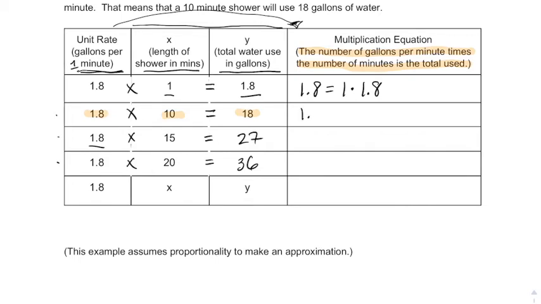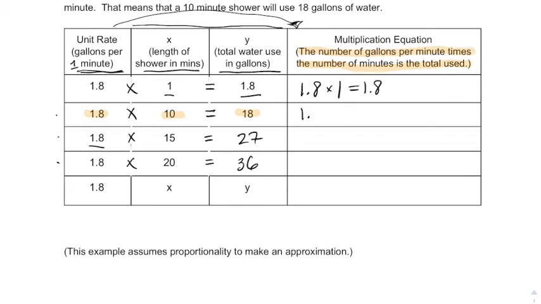Oh, you know what? I just noticed I did something. Maybe you noticed it well before I did. My structure of this one is wrong. It's a good thing we did this thing on the left here. 1 8/10 times 1 is equal to 1 8/10.